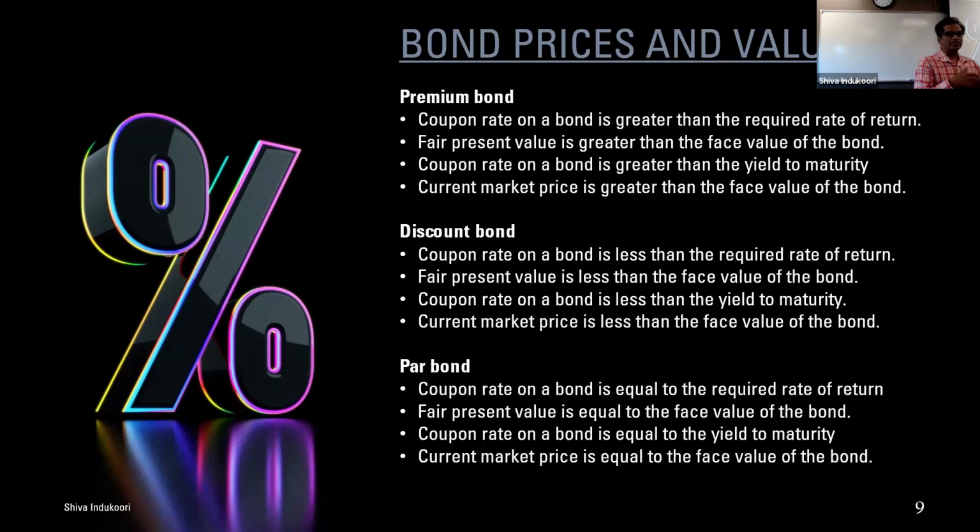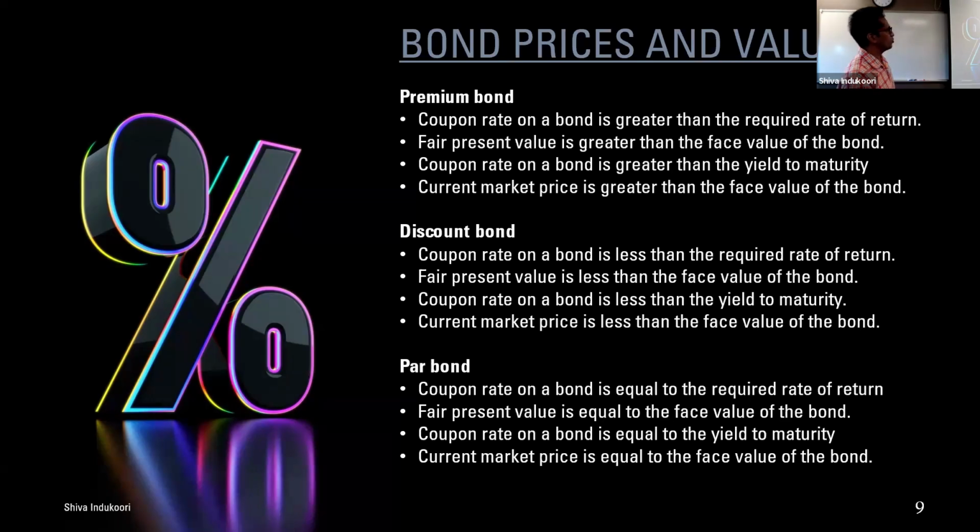Premium means it is trading at a higher price. The reason is right now that kind of bonds are offering only 6%, but this one is offering 8%. If I buy that, I get more coupon payments. So there will be more demand for that. Every one of us will be willing to buy that. That makes that bond at premium.